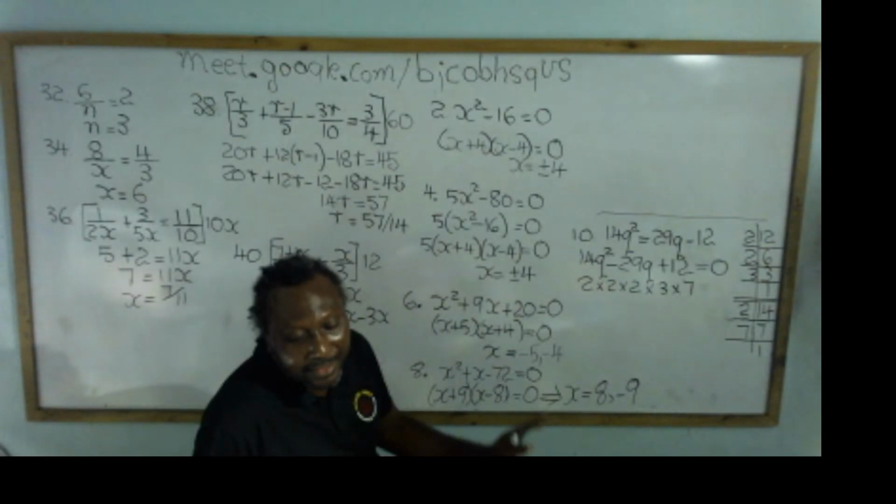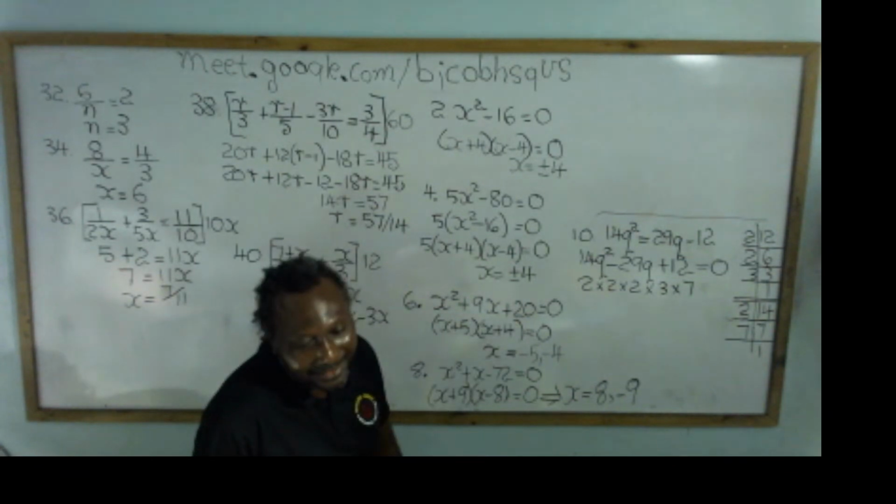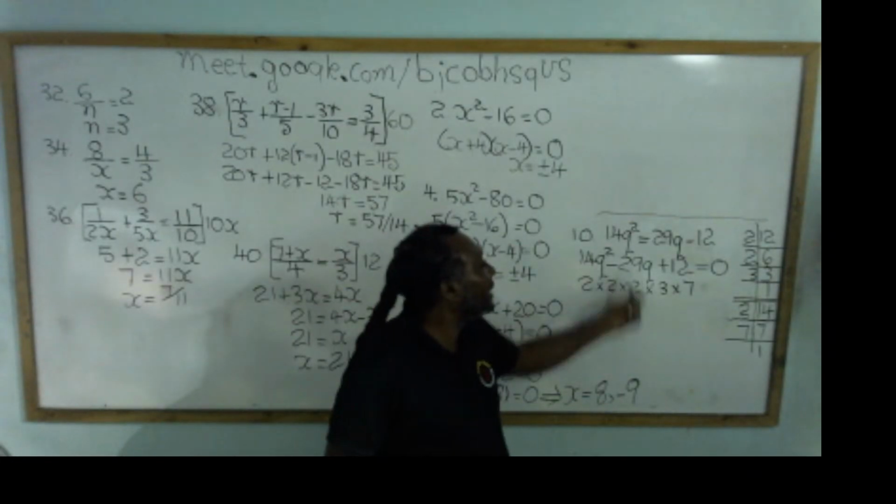I don't need to know that the product is 168. That's not relevant. What's relevant is the two numbers that you'll take from the combination here to give you the negative 29.